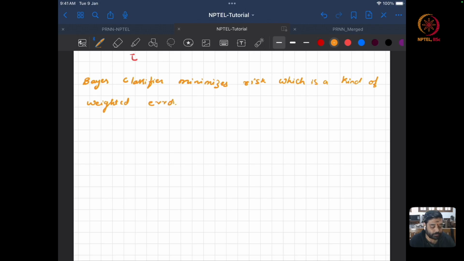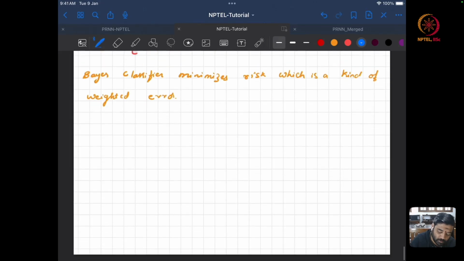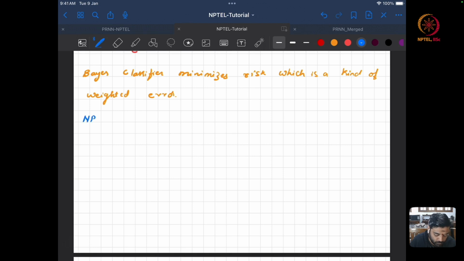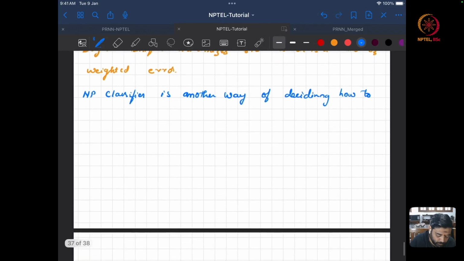And we know that the NP classifier is another way of deciding how to trade one type of error with another. We have looked at it in detail.